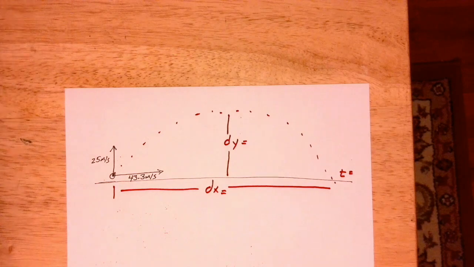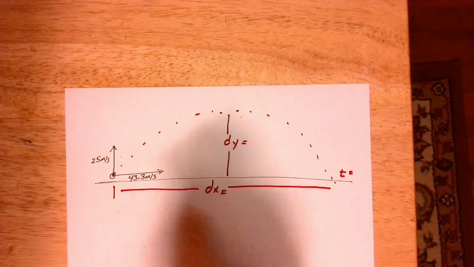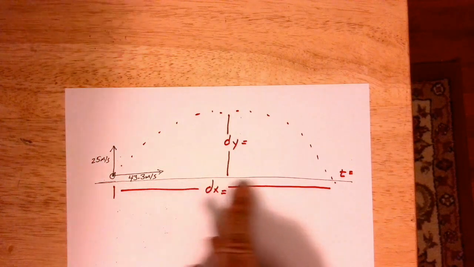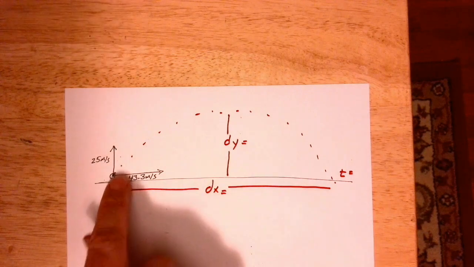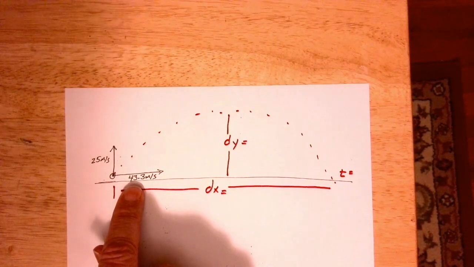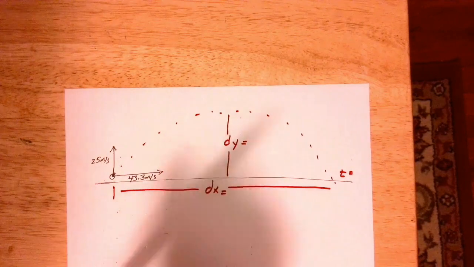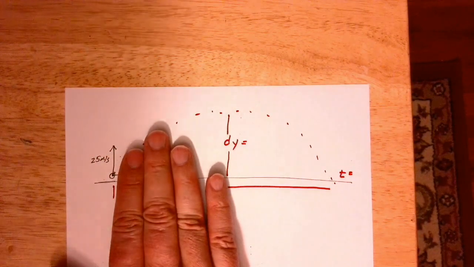If you remember with the previous problem, or even with projectiles in general, horizontally they always travel at the same speed. So throughout this entire flight, this horizontal velocity will always remain at 43.3 meters per second, ignoring wind resistance. If you ignore this part of it, we have the 25 meters per second going straight up.